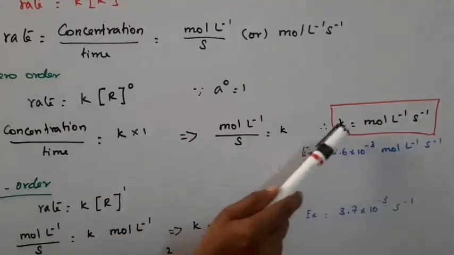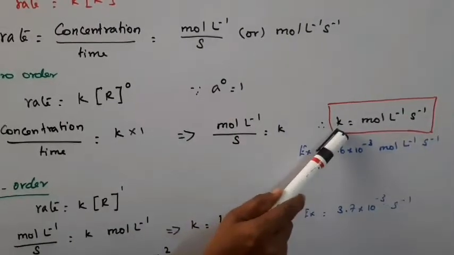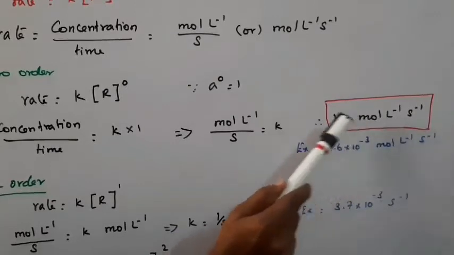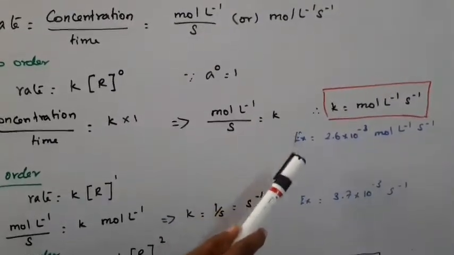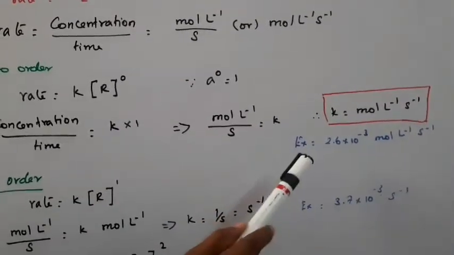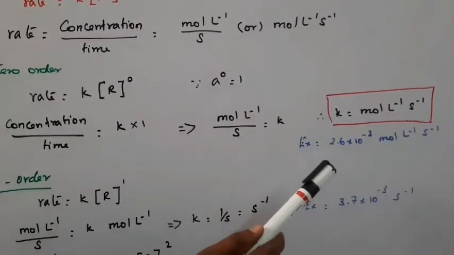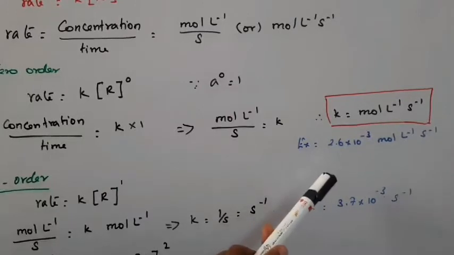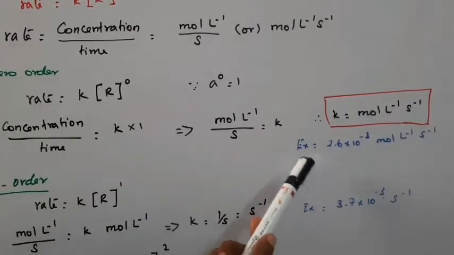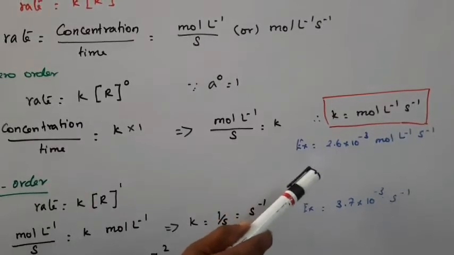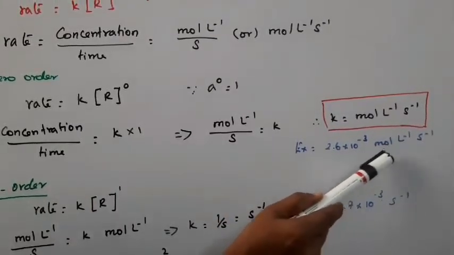So for this case, the rate constant has the unit mole per liter per second. This is for zero order reactions. Suppose in your exam the rate constant value is given and you are asked whether it is first order, second order or zero order. How can you find the particular order? You have to look at the unit.